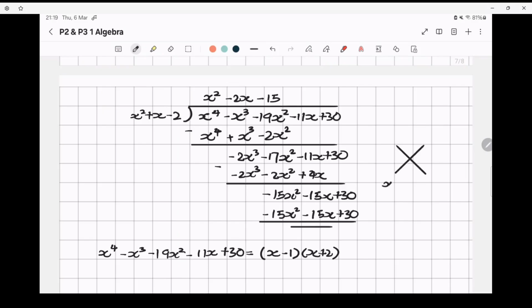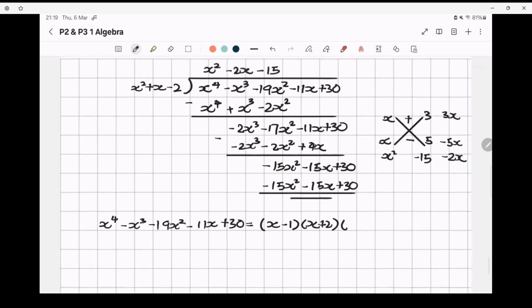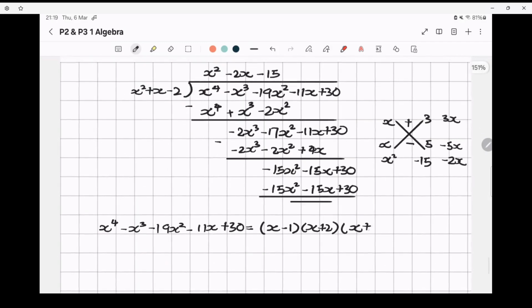So you have x squared over here, minus 15, minus 2x. 3, 5, minus 5x, 3x. So the last two factors will be x plus 3, x minus 5. So that will be your answer. This one uses factor theorem.